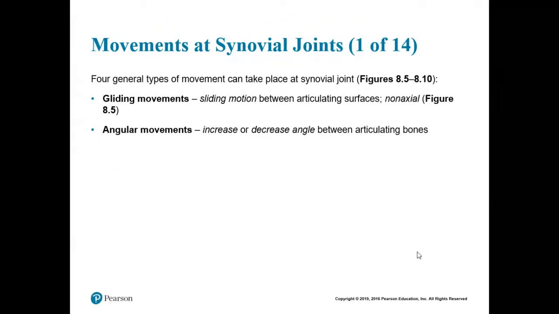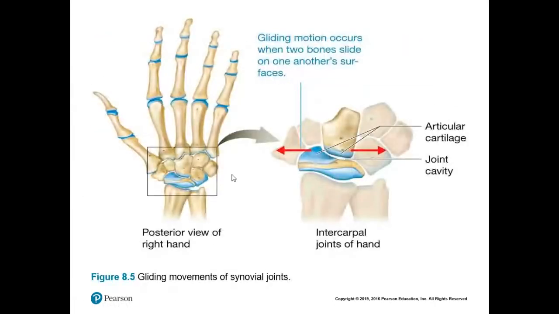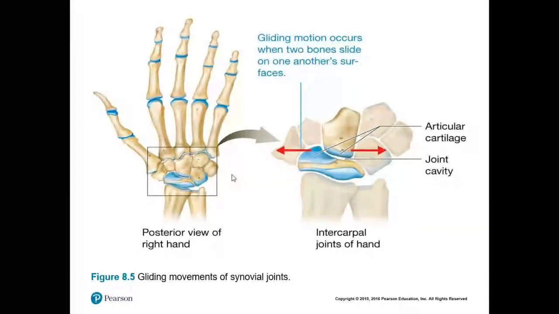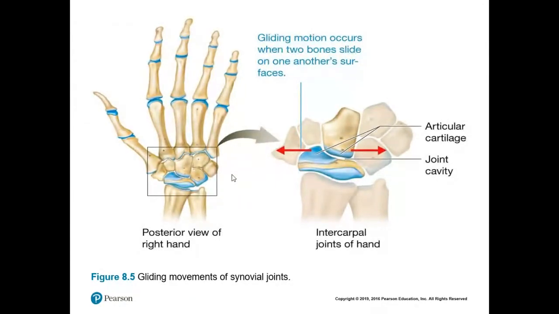Okay, so getting into gliding movements and angular movements. Gliding would be non-axial, and this is a sliding motion between bones. Angular movements refer to increasing or decreasing the angle between the bones. So the bones at the wrists, the carpal and the tarsal bones, all of them are gliding joints.